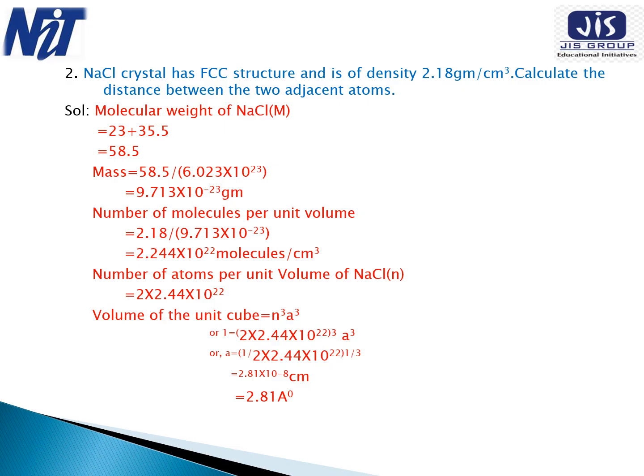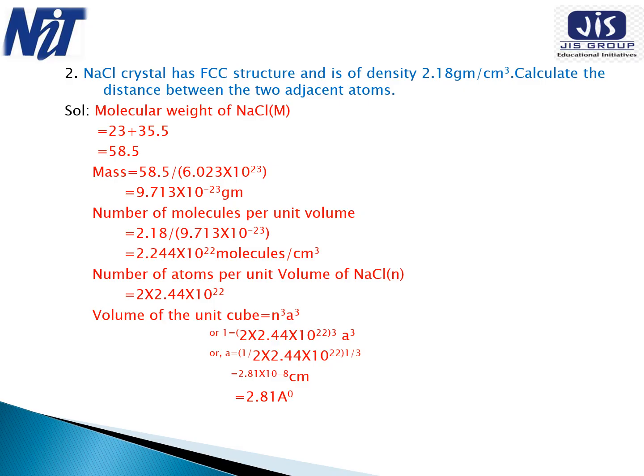Now we have calculated the value of small n. This is 2 into 2.244 into 10 power 22. So we put the value of that and we get 2 into 2.244 into 10 power 22 cube into a cube equal to 1.